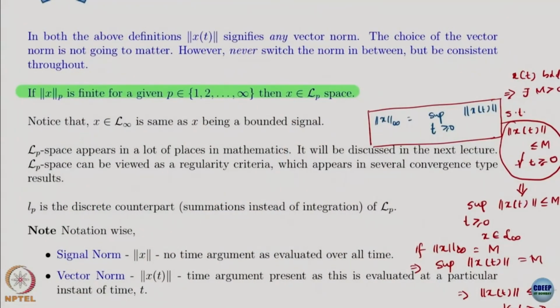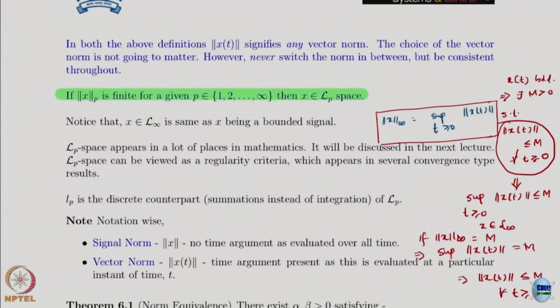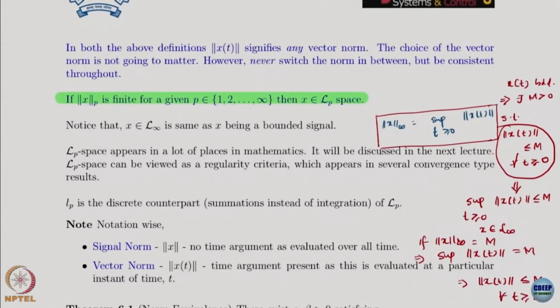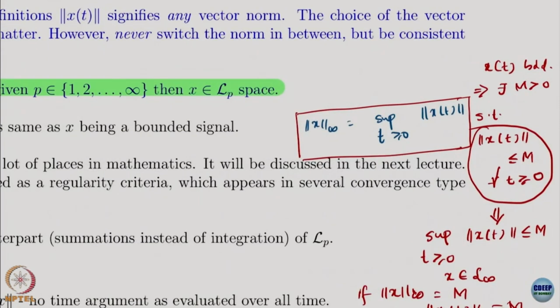The other thing to remember is that L infinity, that is when the infinity norm is bounded, is exactly the same as saying that x is itself a bounded signal. The proof is pretty straightforward. I can look at one side of it. So the infinity norm is this.